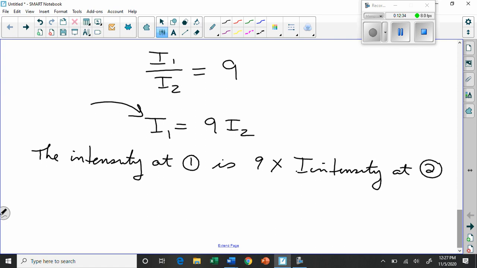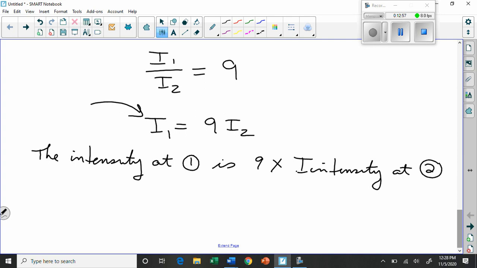So it's 9 times louder for that guy who's closer than it is for the guy who's farther away. It doesn't give us an actual watts per square meter measurement, because when you compare an I1 and an I2 in a fraction, the units cancel out. So there's no unit for this. It's just basically saying it's 9 times louder, right? That's all it basically means.